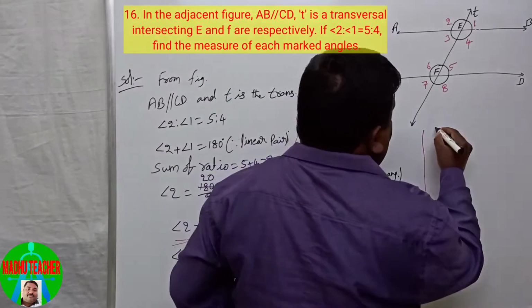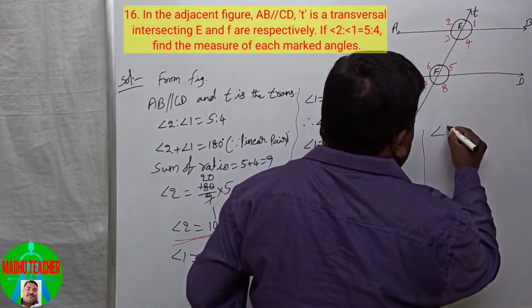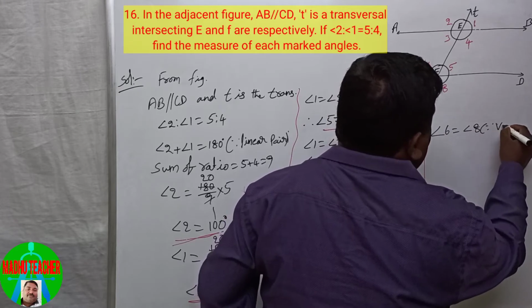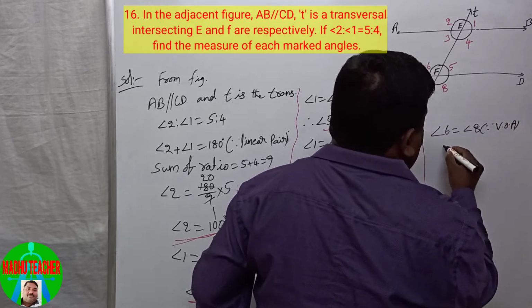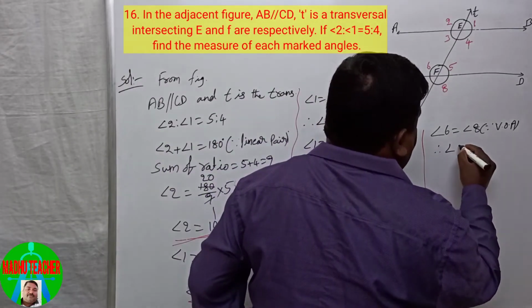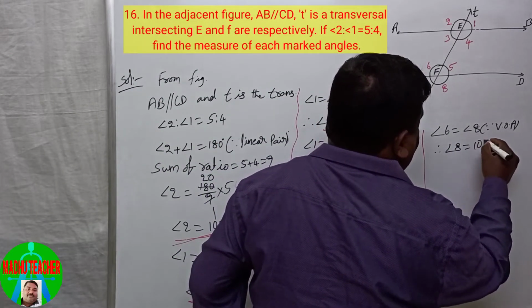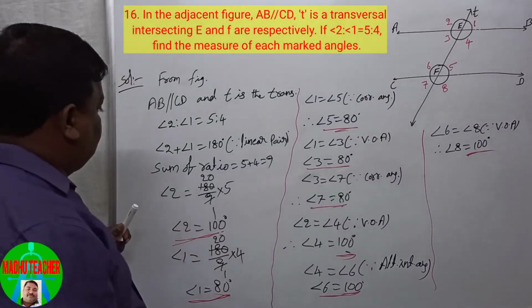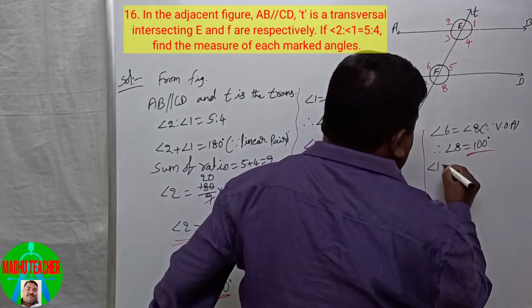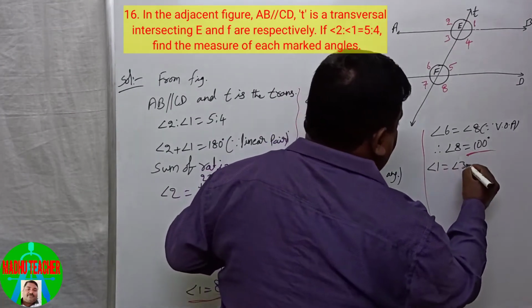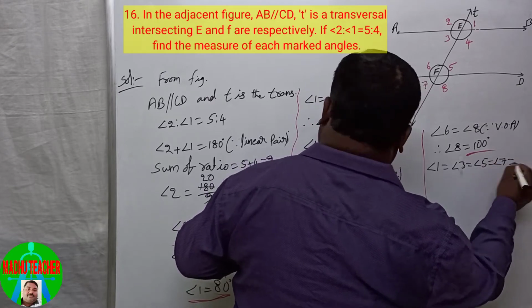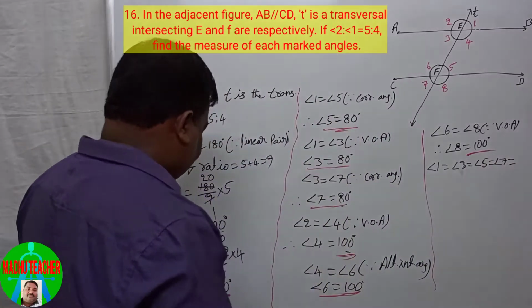Next, angle 6 equal to angle 8, since vertically opposite angles. Angle 6 equal to 100 degrees, therefore angle 8 is also 100 degrees. So here we got angle 1 equal to angle 3 equal to angle 5 equal to angle 7 equal to 80 degrees.